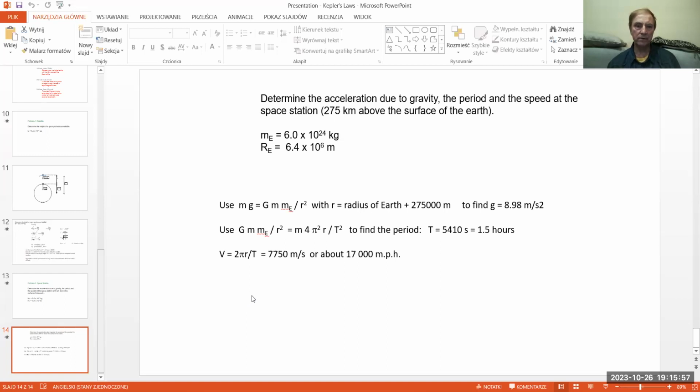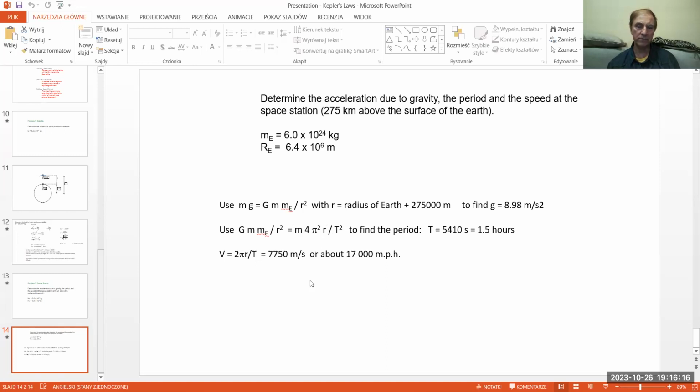In order to find the period, we are using this equation. Left-hand side stands for the gravitational force, and the right-hand side stands for the centripetal force.